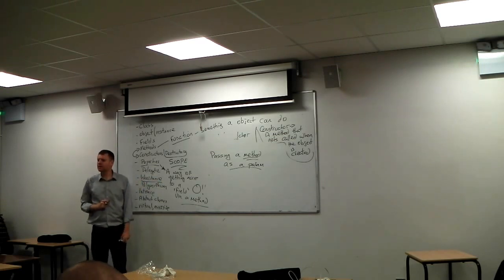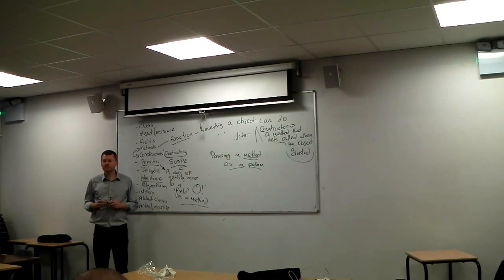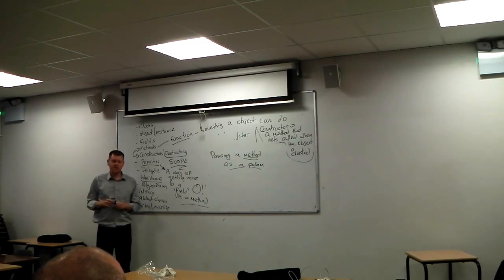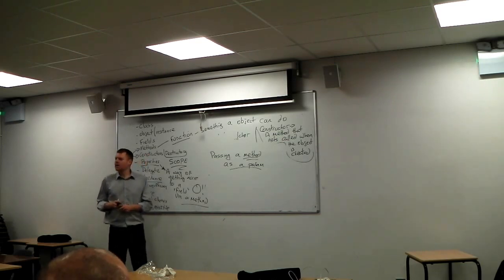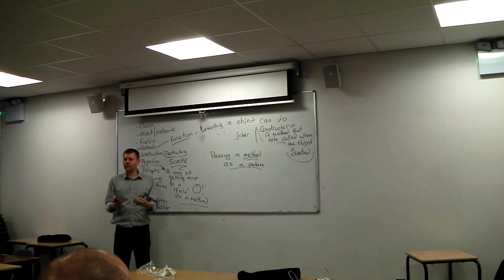Inheritance. Anyone have any ideas what inheritance means? Very good. So inheritance is the idea that you can create hierarchies of related types. By that I mean you might, for example, say that if we were doing our dog class again, we might have a living thing base class. The living thing can breathe, right?